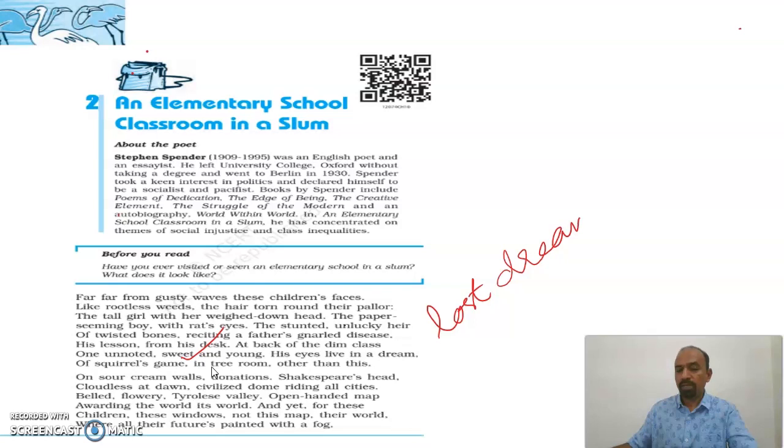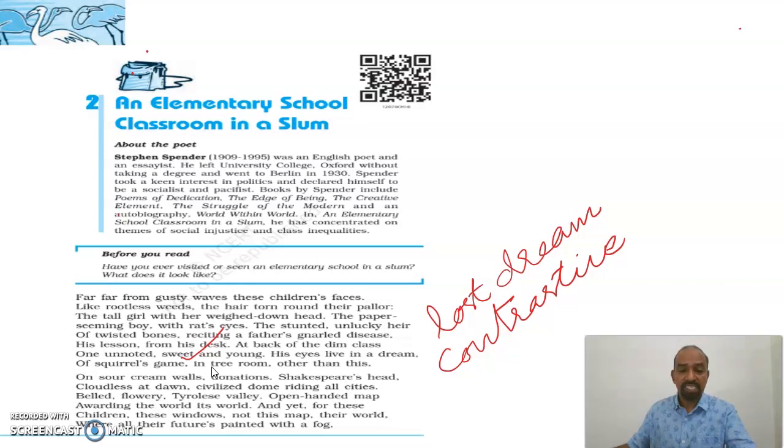His dream has a significance in the poem because it brings out a contrastive picture between his dream and his reality. He lives, or he is engulfed in the slum classroom.